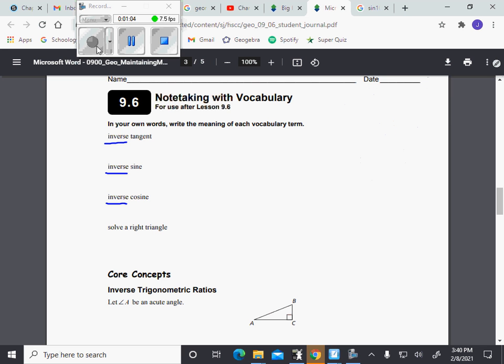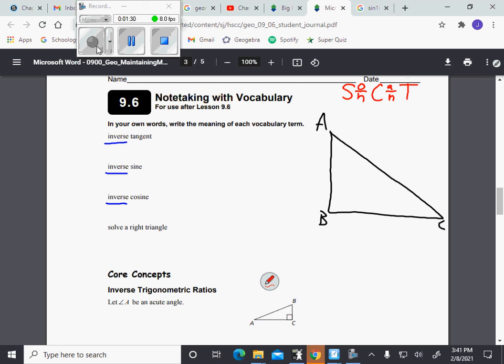I'm going to start by writing this right triangle here. It's a nice right triangle. We'll call this angle A, this B, and this C. And I want to write up here SOH CAH TOA.